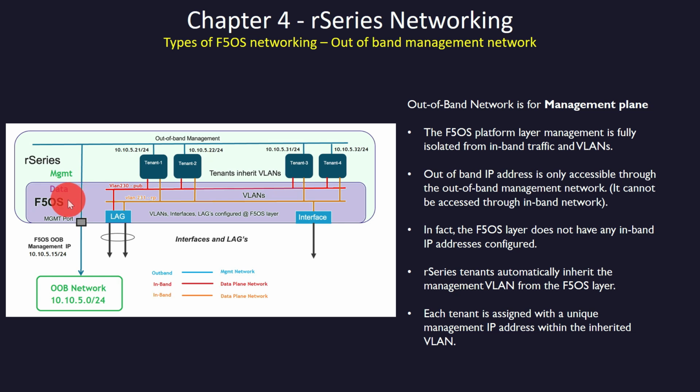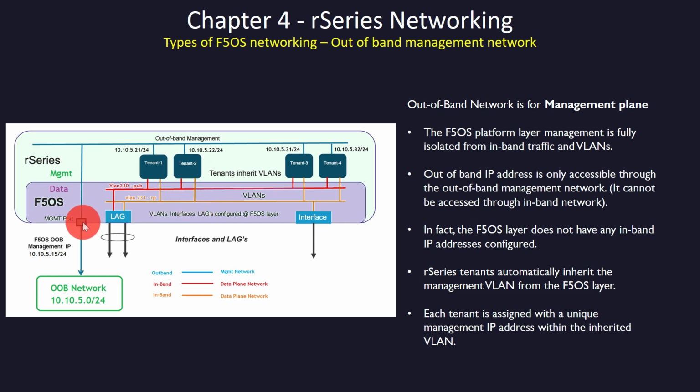The F5OS out-of-band IP address is only accessible through the out-of-band management network. It cannot be accessed through the in-band network. In fact, the F5OS layer does not have any in-band data plane IP address configured.